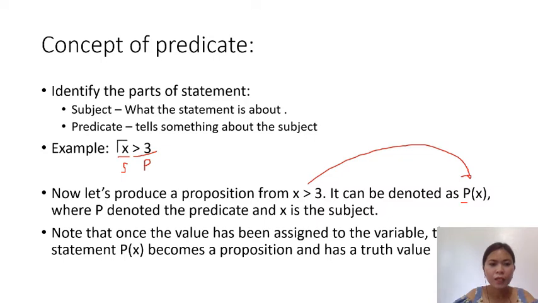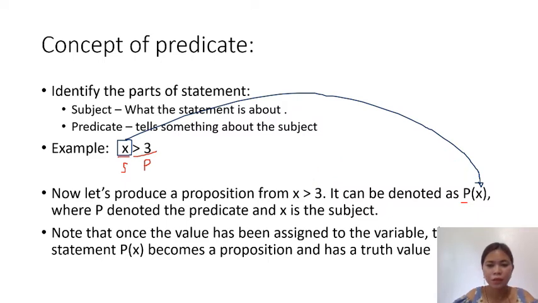So x here is the subject, inside the parentheses of our proposition. The predicate is greater than 3 will be denoted by this P. P here represents the word predicate.